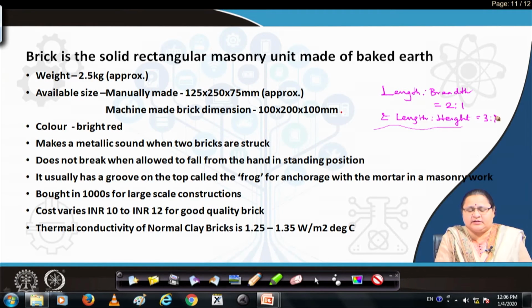So, mostly available sizes we say 125, 250, 75, that is 10 inch, 5 inch, 3 inch.